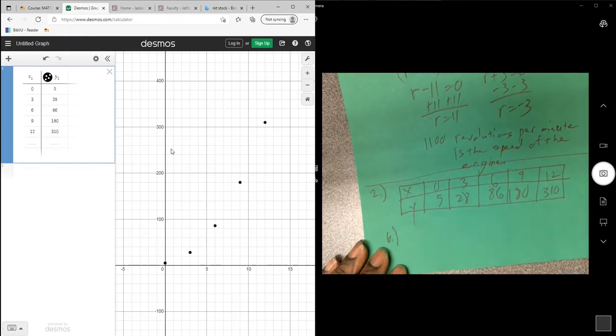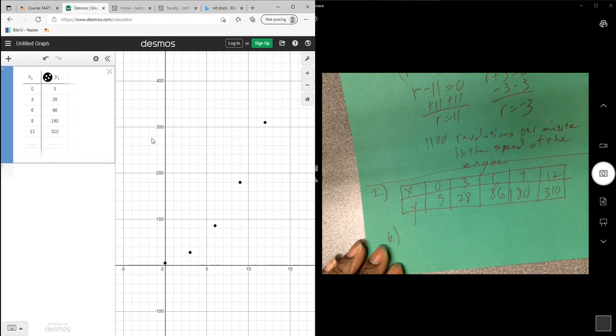Now we come here to B. It says use your graphing calculator to determine the quadratic regression equation for this data set.